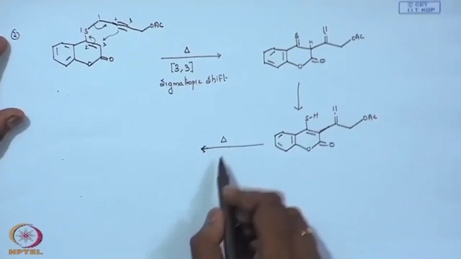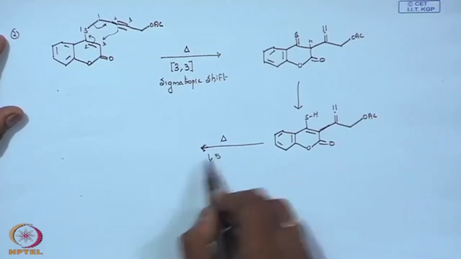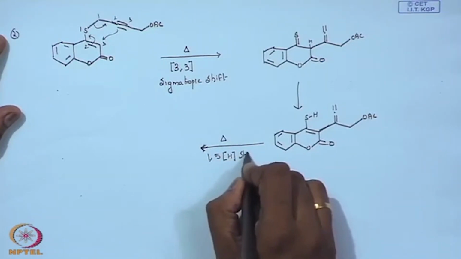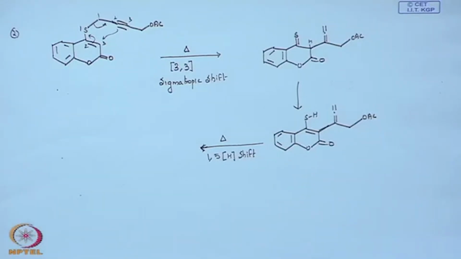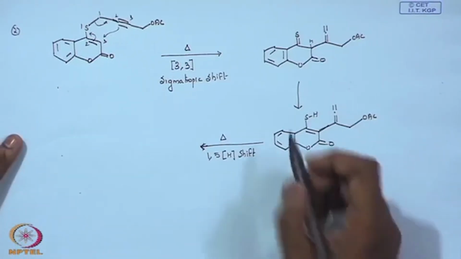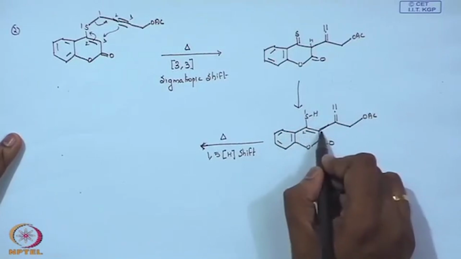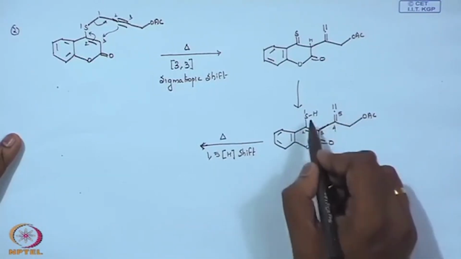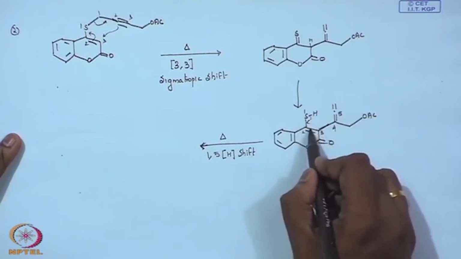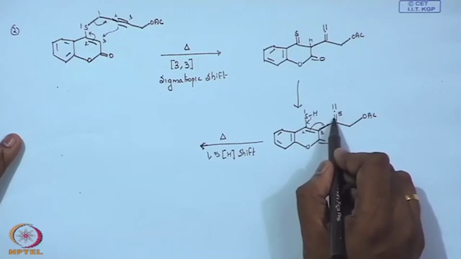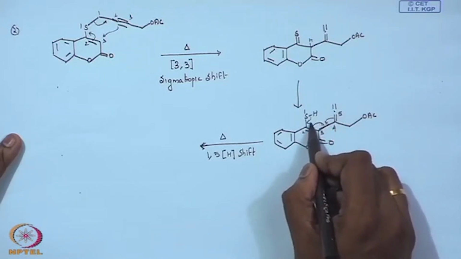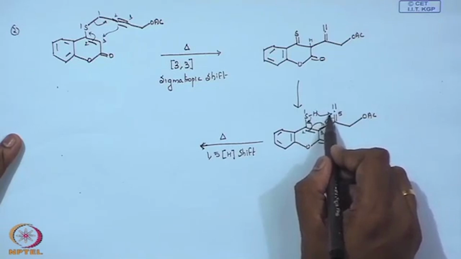Yes, that's good. It is nothing but a 1,5 hydrogen shift. You can expect a 1,5 hydrogen shift like this. So 1, 2, 3, 4, 5. I can push this down, and I can push it up. Your hydrogen goes here.